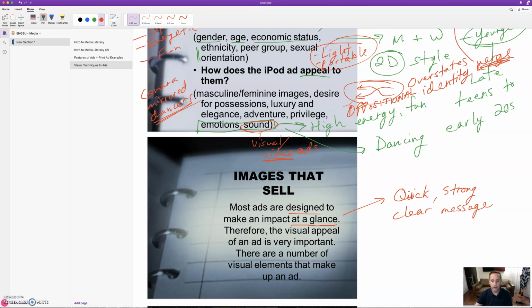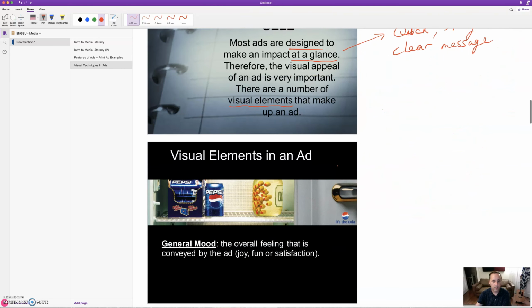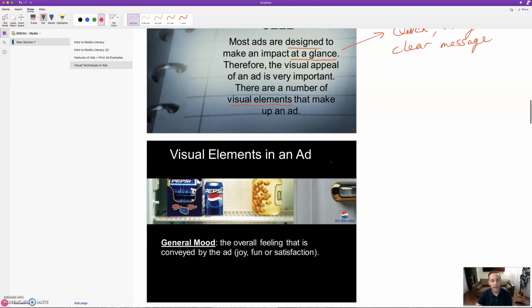You just glance and it's like, boom, yep, got that message. Therefore, the visual appeal of an ad is very important, and there are a number of visual elements that make up an ad. So you have your visual element sheet. Let's take a look at some ads.